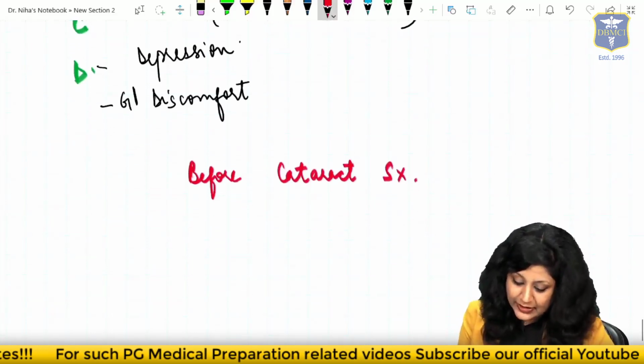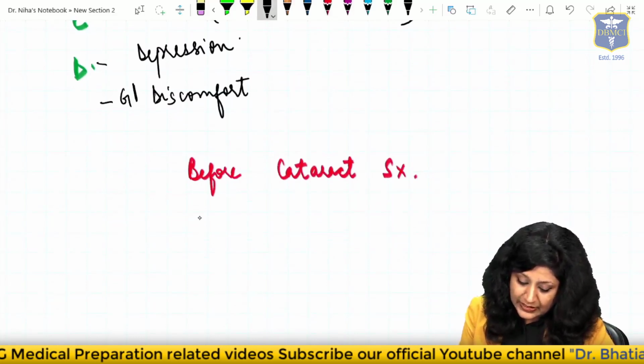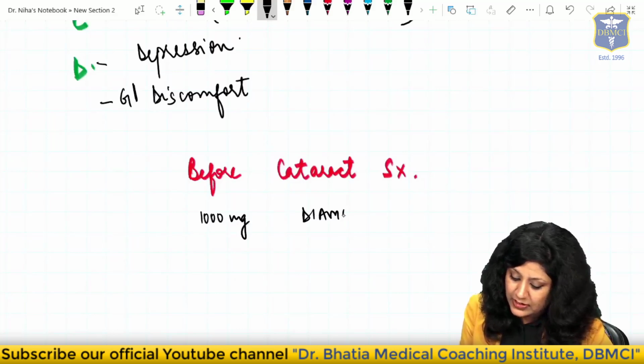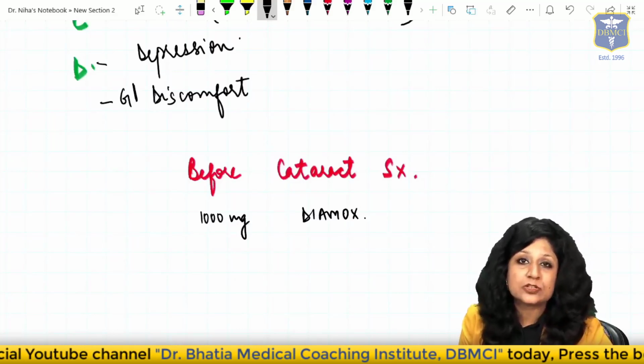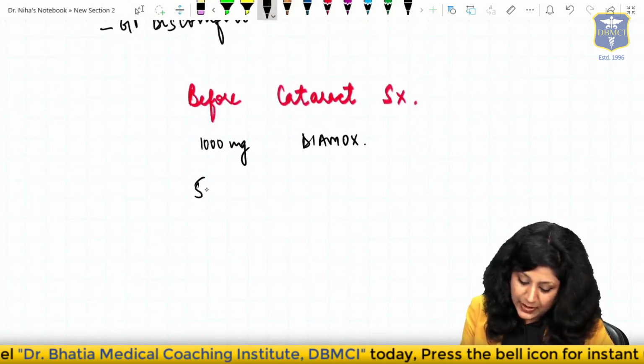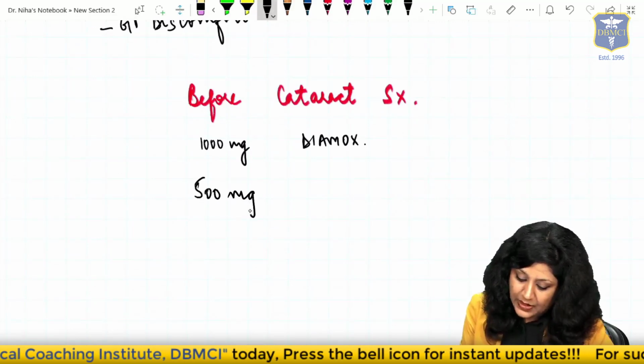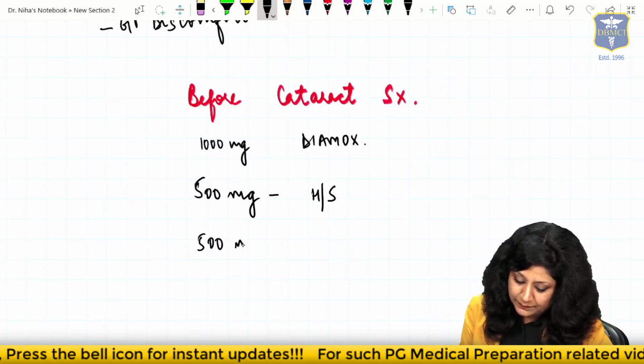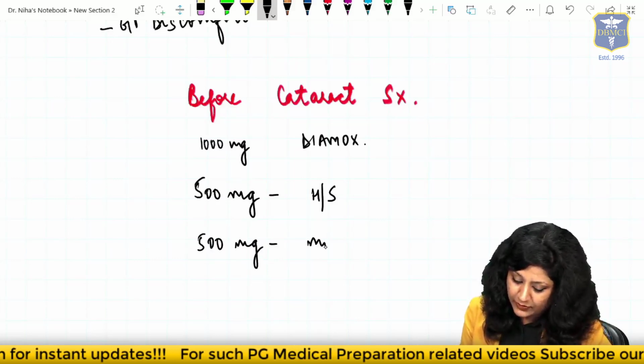So, before cataract surgery, I can give 1000 milligram Diamox. This Diamox or acetazolamide is given in divided parts, like 500 milligram at night HS, and another 500 milligram in the morning.